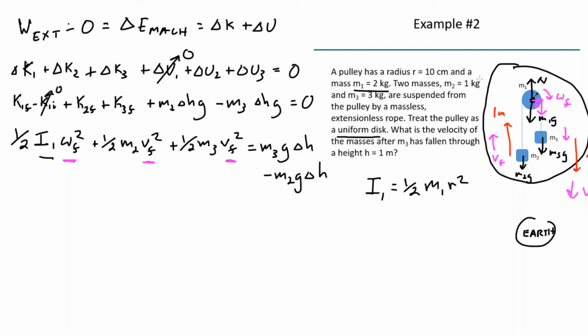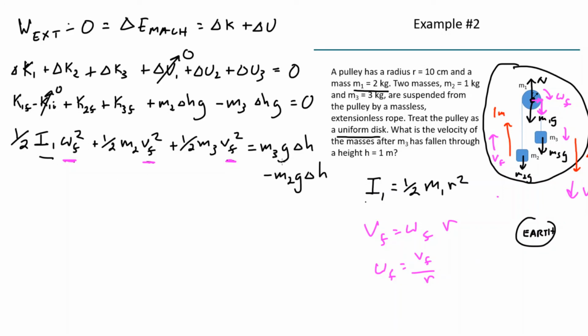And we know that the tangential velocity of a point on a rotating object equals its angular velocity times the radius. So we know that V final has to equal omega final times r. So if V final equals omega final times r, then we can say that omega final equals V final over r.